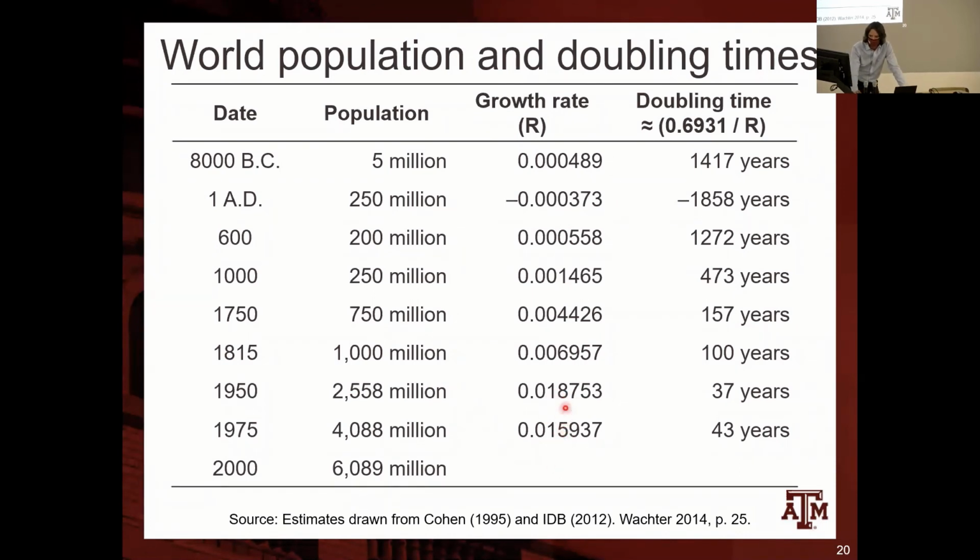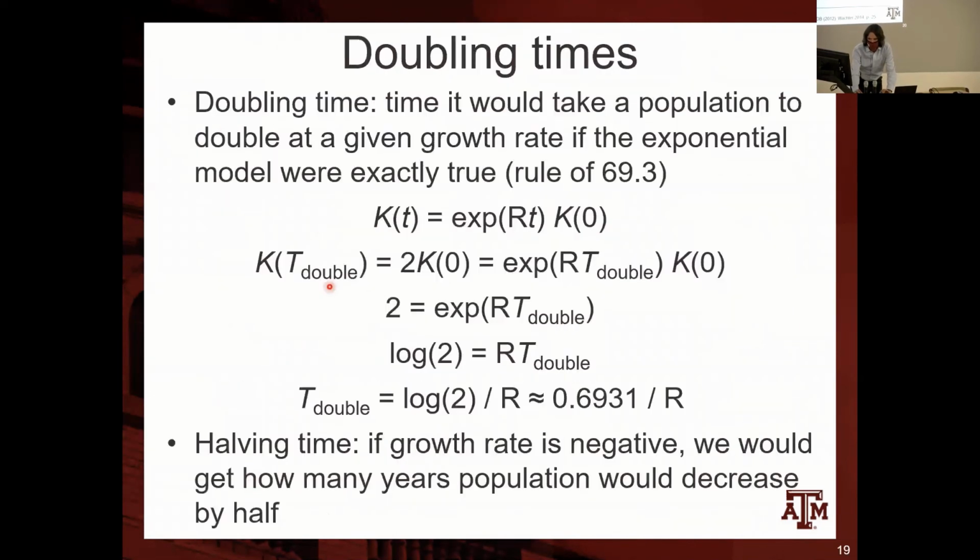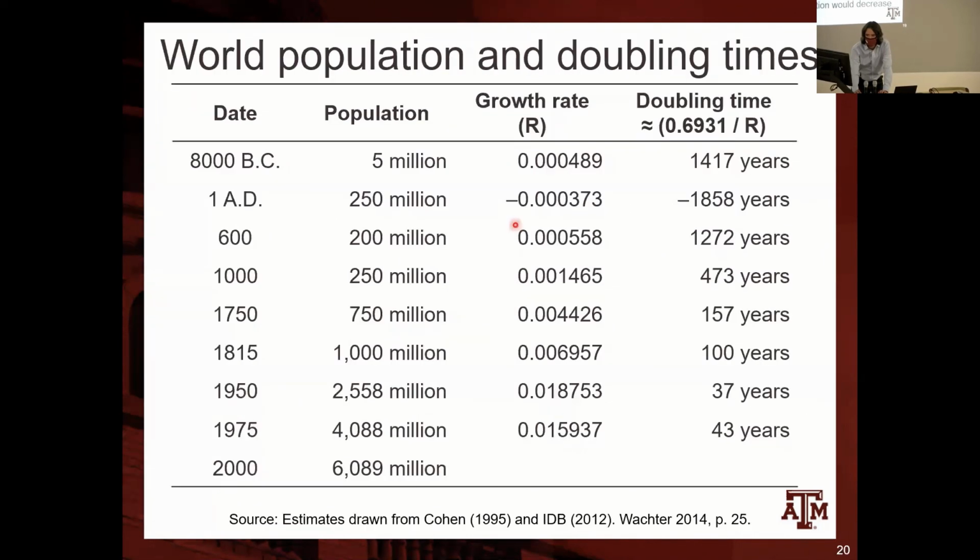So it already started to decline here from 0.018 to 0.015, right? So really basic information, just having the population size in the world for these years, using the first formula here, because we have population at the beginning, at the end, and the time between those years. We calculate the growth rate, and afterwards we use this formula to calculate the doubling time or the halving time. Cool?